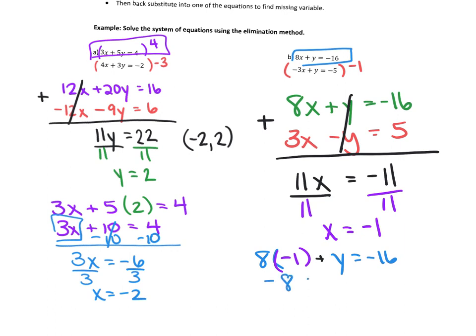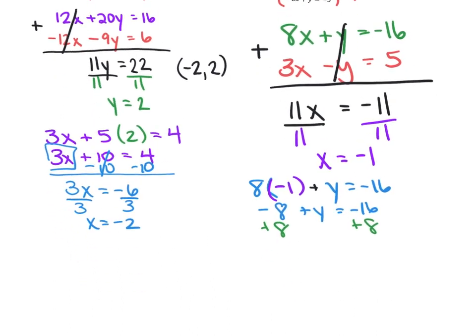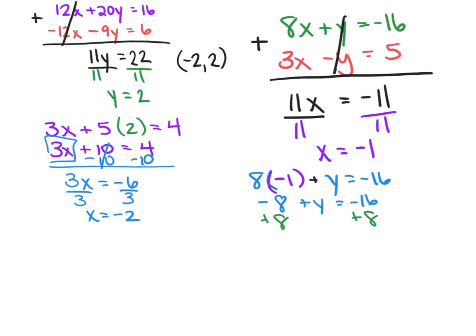So that's -8 plus y equals -16. I'm going to add 8 to both sides. When I add 8 to both sides, I get y is equal to -16 plus 8, which is -8. So my solution set: my x value is -1, my y value is -8.